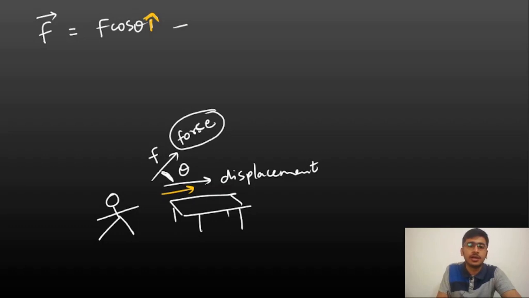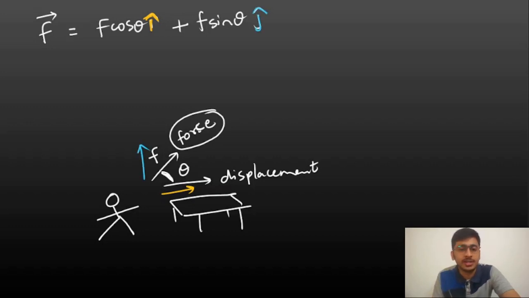And he also has force in the J cap direction, because he has applied that force at an angle: F sin theta in the J cap direction. We can understand that this component has no effect whatsoever on the displacement D, and that displacement D is in the I cap direction, right? The D vector is nothing but d I cap.